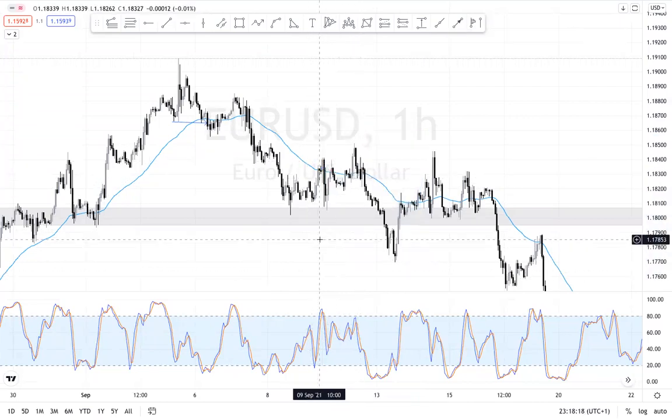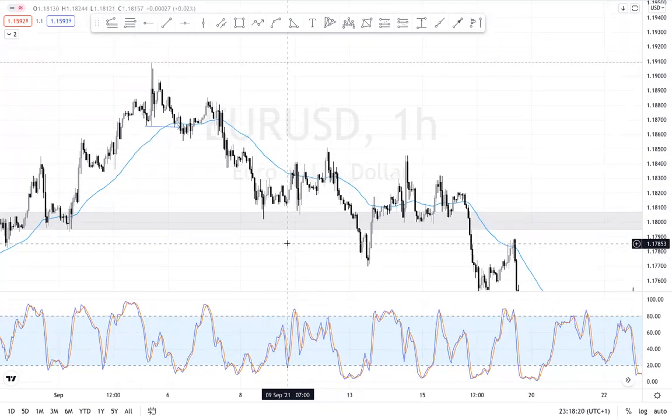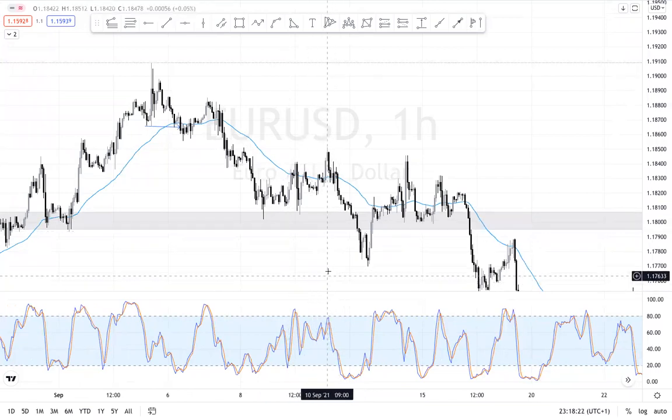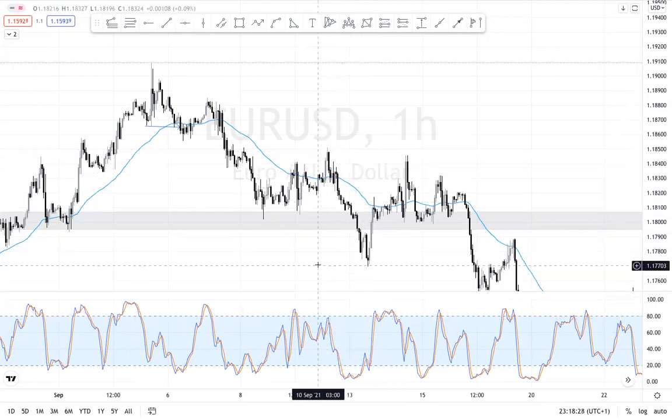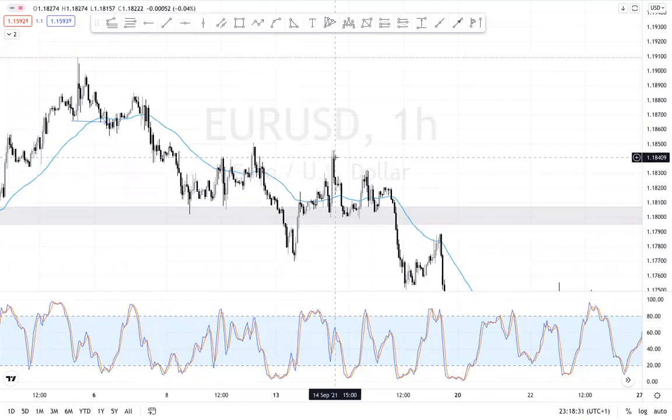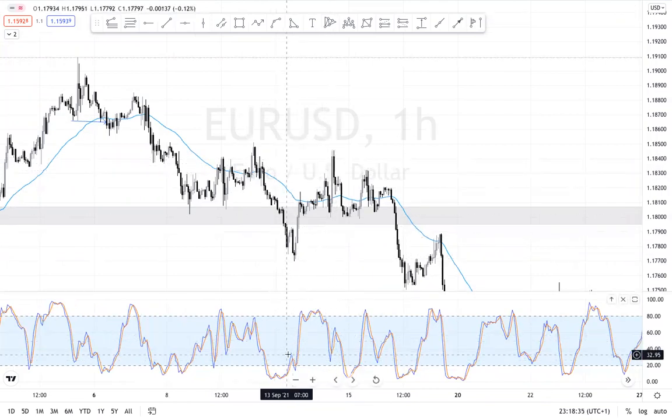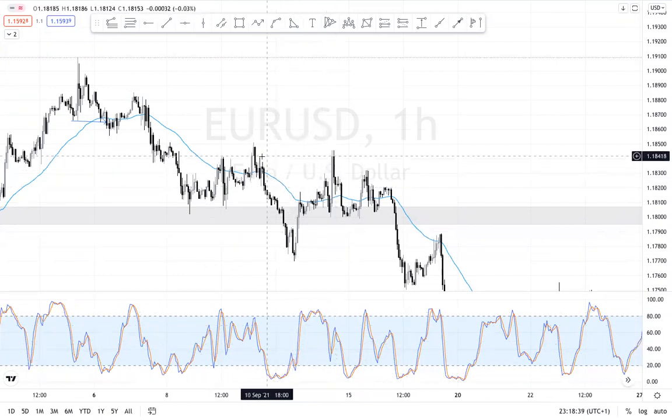But let's play it safe. From this point the market was overbought, you see the nature at which it's selling. The market here also, from this point became oversold, but to this point.